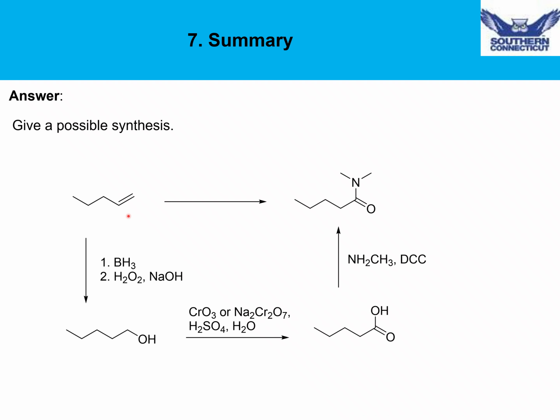So hydroboration on an alkene typically gives you anti-Markovnikov addition of an alcohol. And then that primary alcohol can be oxidized with chromic acid to give you a carboxylic acid. And then doing one of the reactions we learned in this chapter, we can convert a carboxylic acid into an amide by adding an amine and DCC.